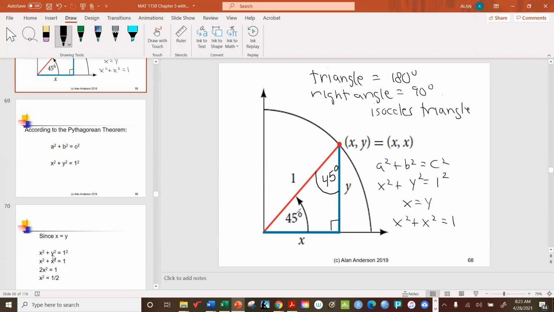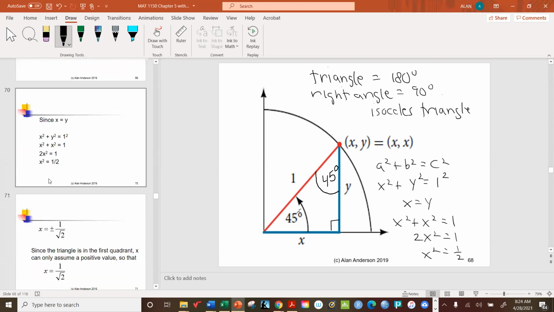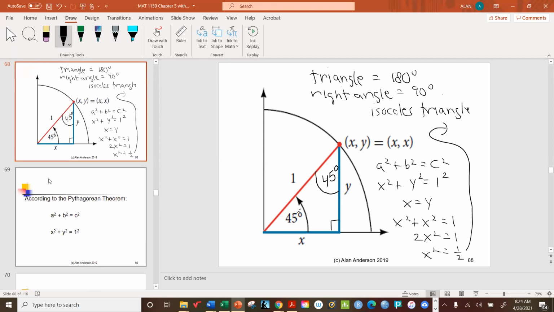So we know that 2x squared equals 1, or that x squared is 1/2. And that in turn means that x is radical 1/2. Now, technically, x equals plus and minus radical 1/2. But we're in the first quadrant, so no side could be negative. So we'll just write this as radical 1/2.